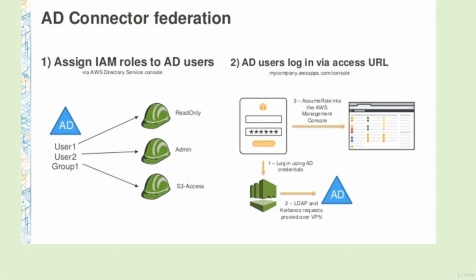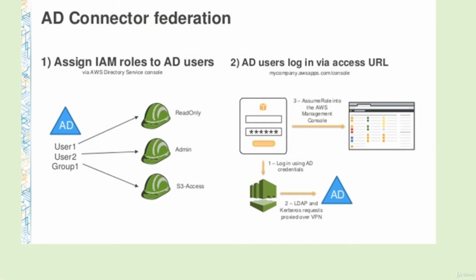Similarly, we can have an AD Connector federation, which could be assigned with IAM roles to connect different AD users for read-only, admin, or S3 access. You have write-only access permission, read and write permissions, root permissions, and different kinds of access permissions.